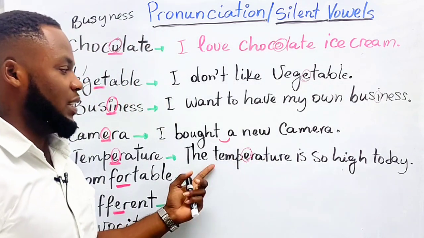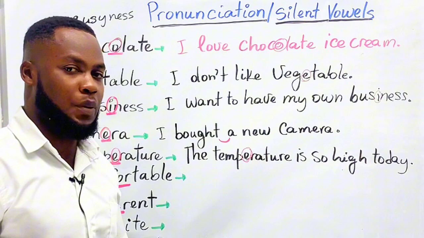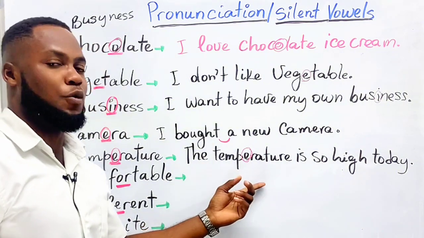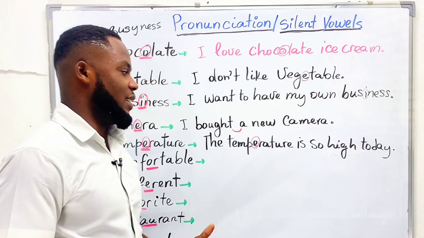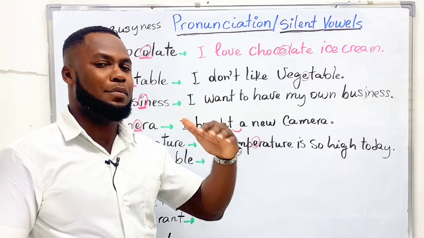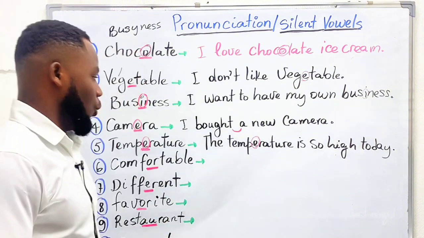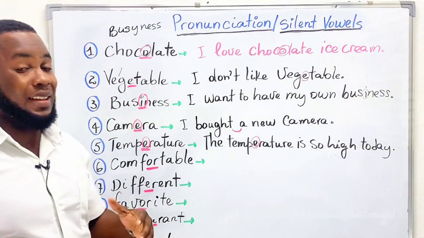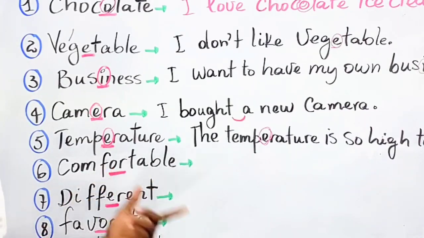We say, the temperature is so high today. Let's repeat it again. The temperature is so high today. Ça veut dire, température est vraiment haute, vraiment élevée aujourd'hui. Okay? Good. So, l'autre mot que nous devons apprendre qui a une voyelle pas prononcée, c'est comfortable.